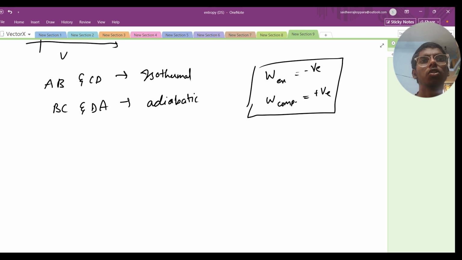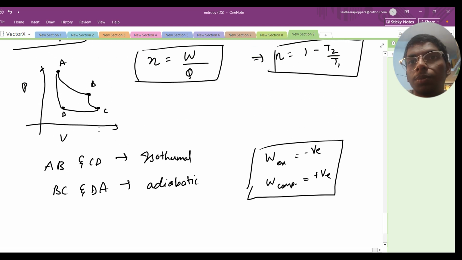Simple reason: when you substitute your volume in work, which is W equals minus nRT ln V2 by V1, if it's compression then the ln term will be negative and work will be positive. Similarly with expansion.